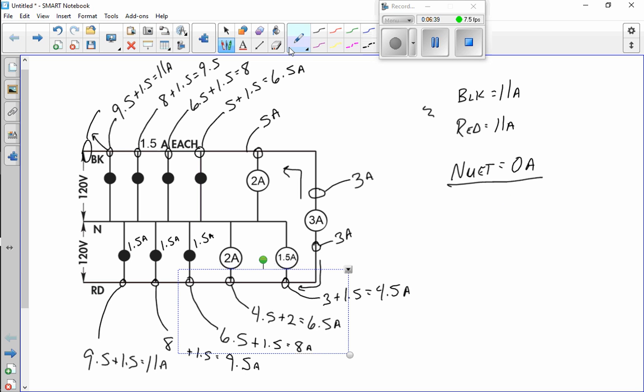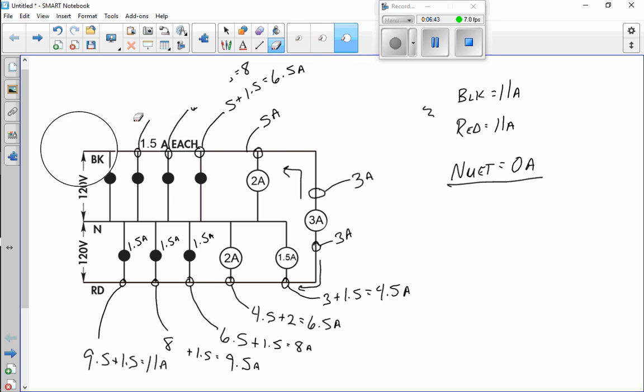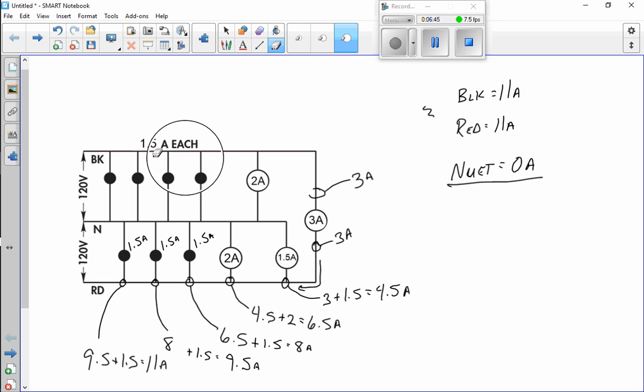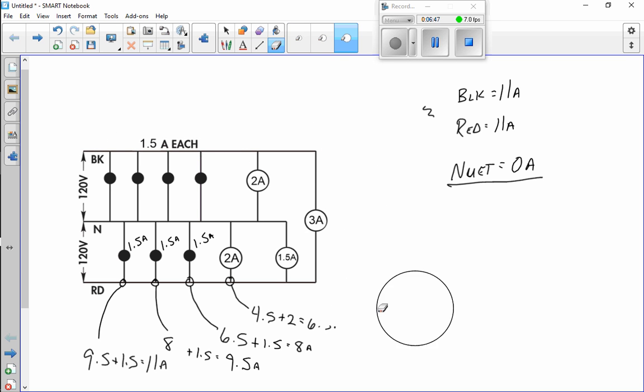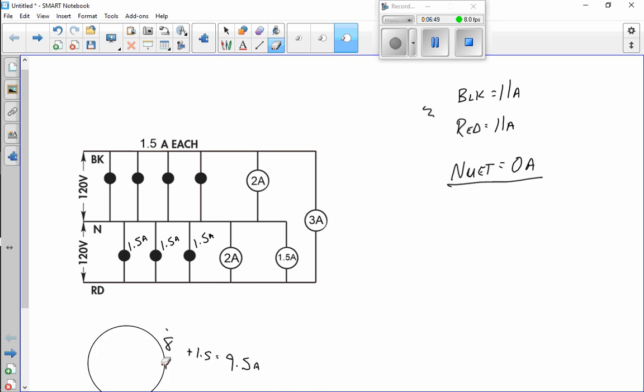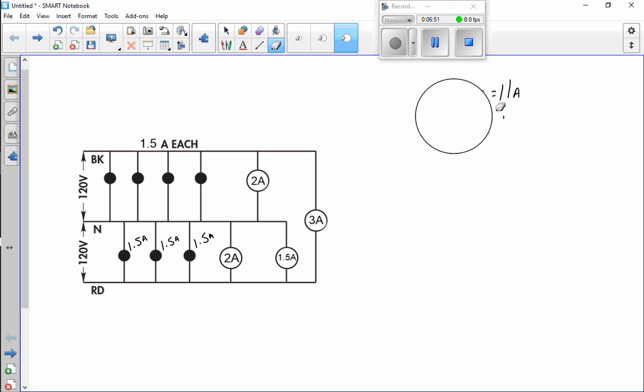Okay, so let me get rid of all this. Now, in the next question, what it states is that this load right here has been opened. So just imagine there's a break in the circuit right there.